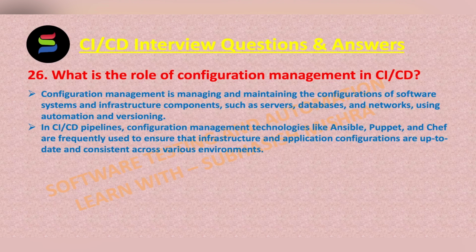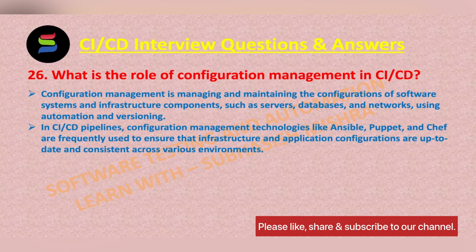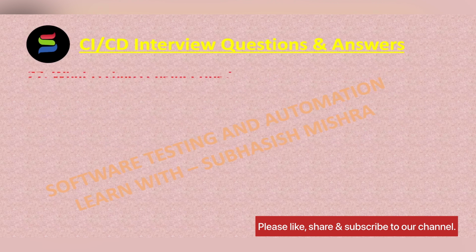In CI/CD pipelines, configuration management technologies like Ansible, Puppet, Ceph are frequently used to ensure that infrastructure and application configurations are up to date and consistent across various environments. So, that is the biggest role of configuration management in CI/CD. We will move to the next question.